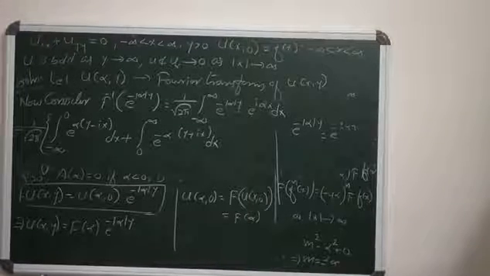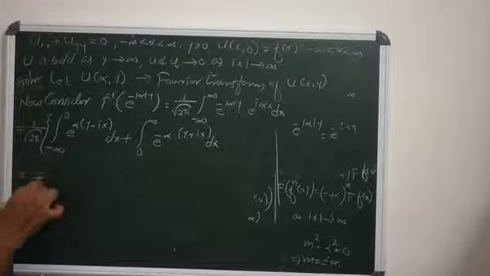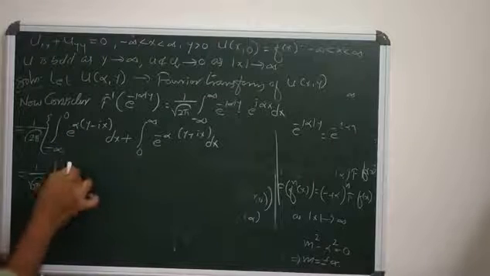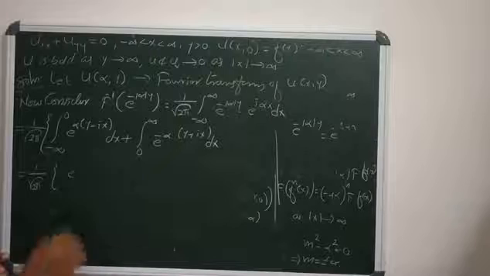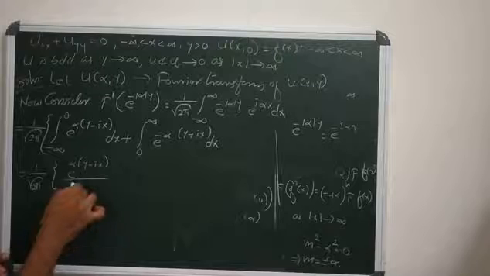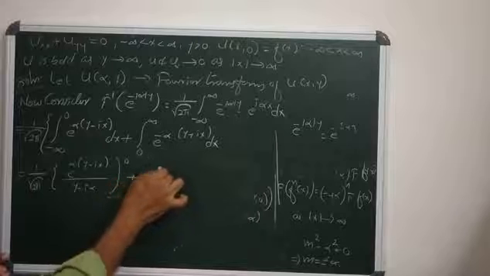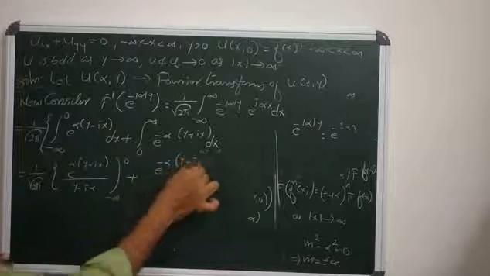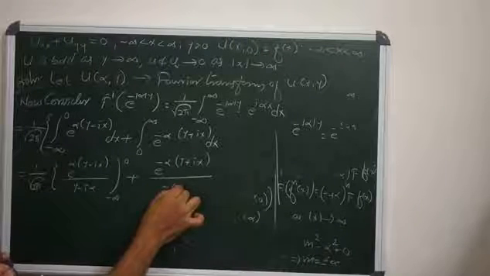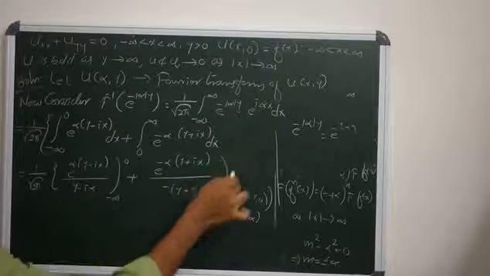So that equals 1 by root 2 pi into the integral, with respect to alpha: e power alpha into y minus ix divided by y minus ix, from minus infinity to 0, plus e power minus alpha into y plus ix divided by minus of y plus ix, from 0 to infinity.